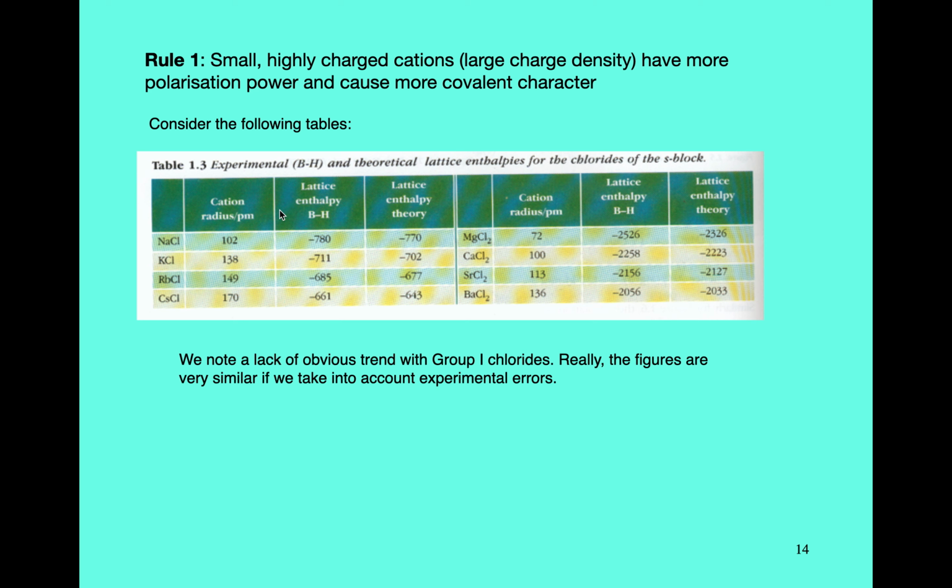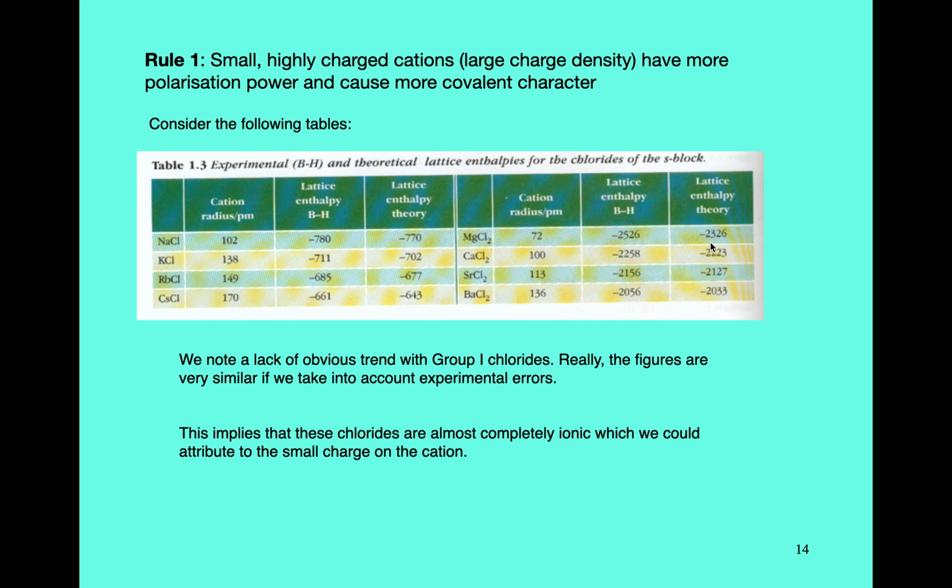Okay, great. So going down group 1, it's quite a small charge on the cation, so it doesn't cause a lot of polarization, so there's not a big difference between the figures. But when we've got a small, highly charged cation like magnesium, it does cause a big difference between the numbers.